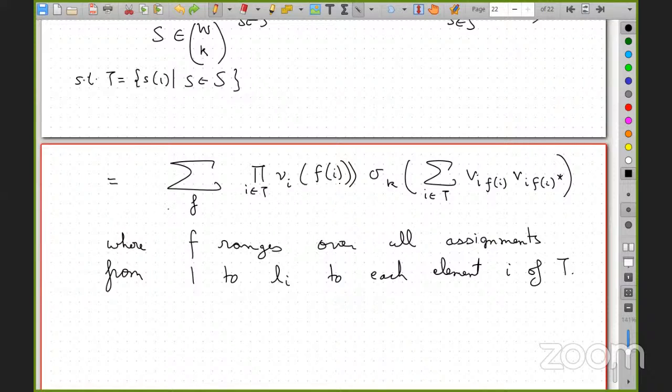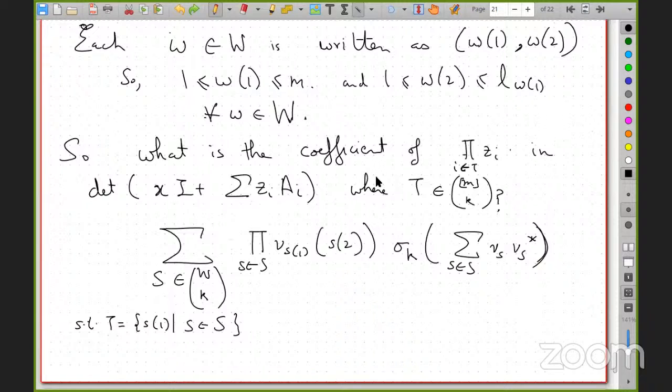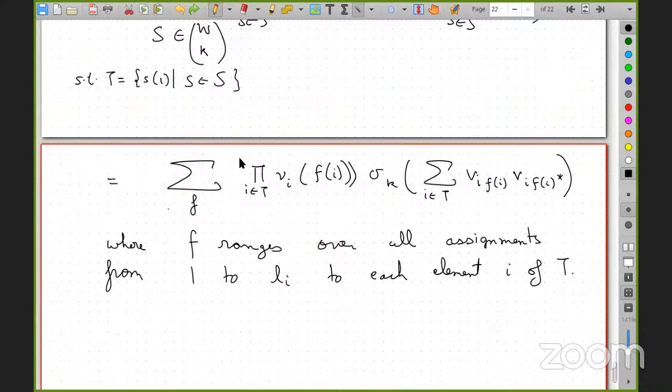Is that clear? No, I'm not able to see it, so let's just look at it. What is this nu_i? What are these T's? You have chosen some set of, so there were m random vectors, right? You're looking at some k subset of them. You're summing up over all, so it's like a restricted expectation. I'm looking at these k random vectors that correspond to the elements in T. For each one of them, I'm taking a kind of expectation.